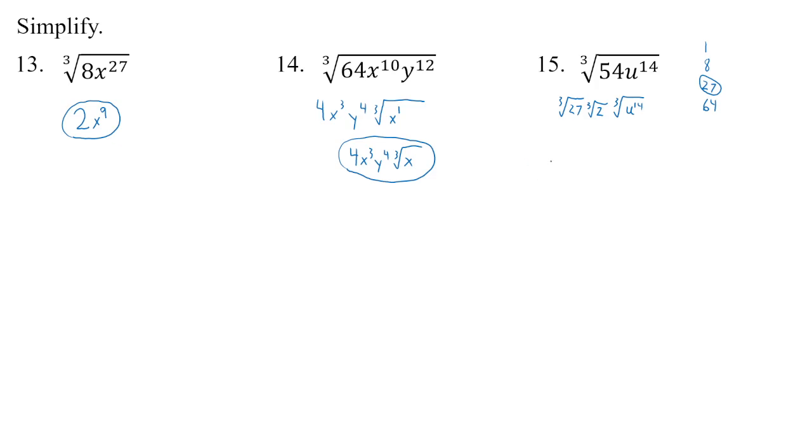The cube root of 27 is 3, but you cannot take the cube root of 2, so it stays inside the radical sign. 3 goes into 14 4 times with remainder 2. Therefore, your final solution is 3u to the fourth times the cube root of 2u to the second.